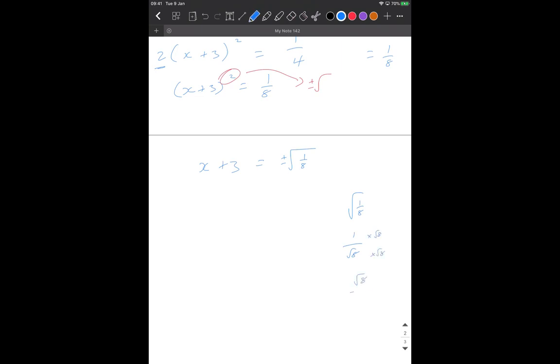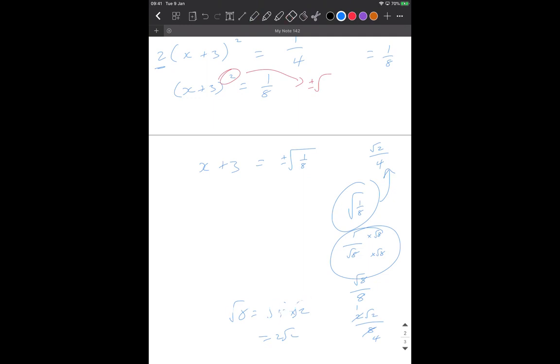So we get root 8 on 8. Now root 8 is root 4 times root 2, which is 2 root 2. So we get 2 root 2 on 8, and then that can simplify. So the square root of 1 on 8 is actually root 2 on 4. They mean the same thing because we've rationalised it and simplified the surd.